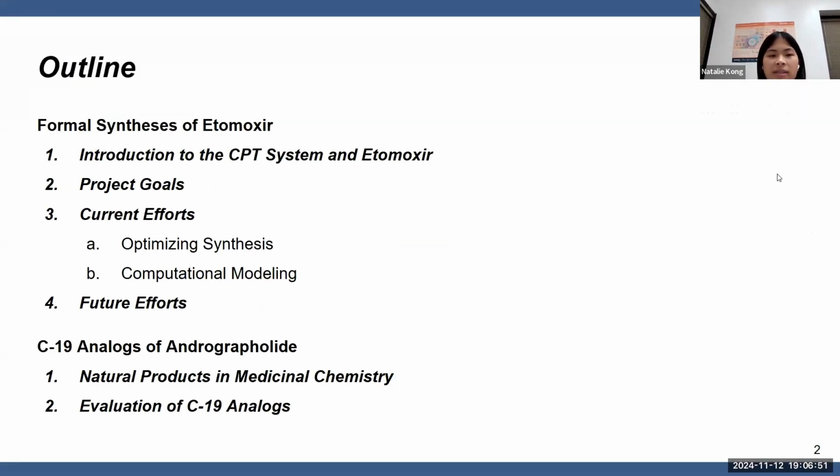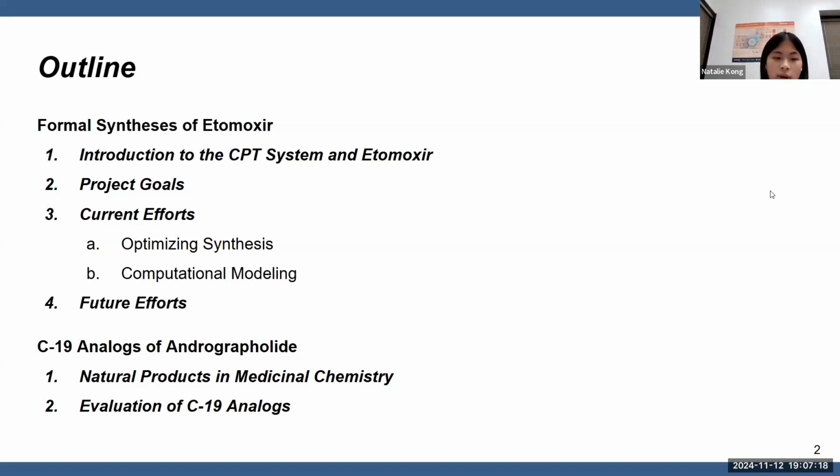So here is a brief outline of what I will be covering. Since it's two projects, it's mainly broken up into two sections. The first of which is covering our attempts to create a more optimized formal synthesis of Etomoxir. So that'll go over the CPT system, what Etomoxir inhibits, as well as our project goals, our current efforts in our synthesis and computational modeling, and then our future efforts.